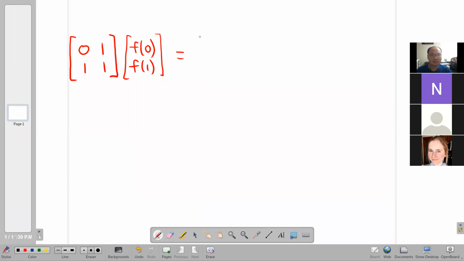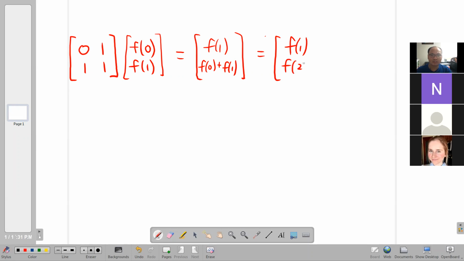So what is it going to look like? Well, if I do the matrix product, 0 times F0 is nothing, 1 times F1 is F1. And then here it's just F0 plus F1, right? Which of course you know that F0 plus F1 is just F2.